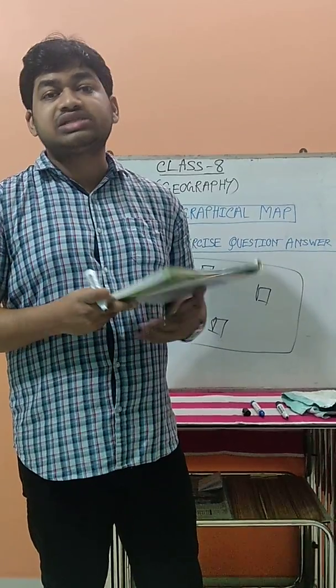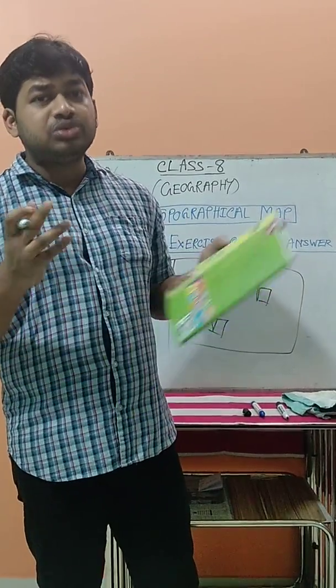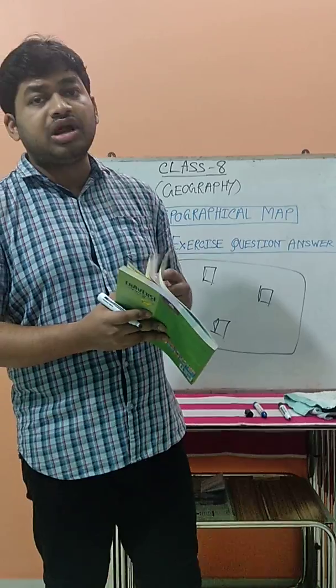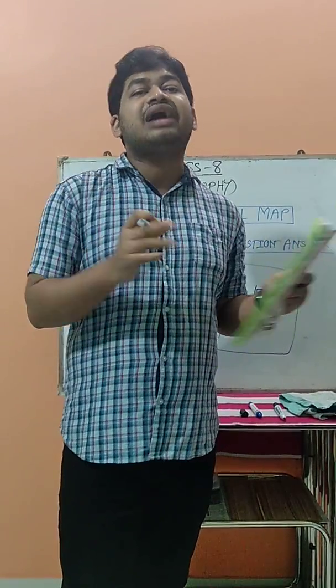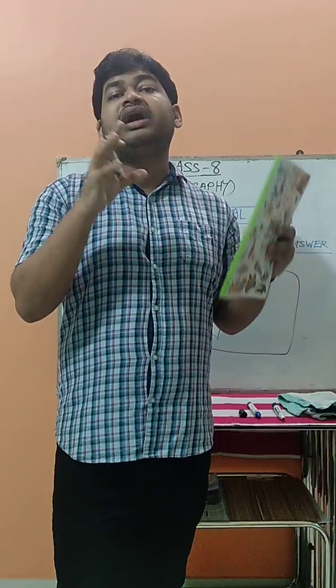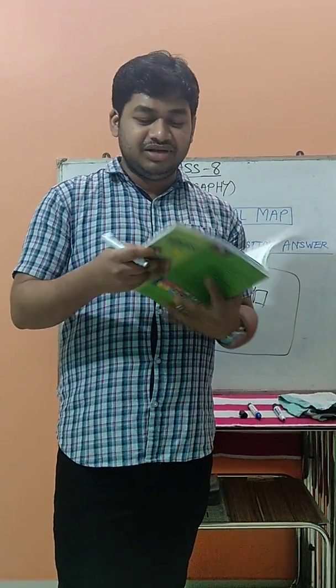What are conventional signs and symbols? The few signs and symbols that we use in a topographical map, some of them are internationally accepted by all the geographers of the world. This type of symbols are known as conventional signs and symbols.